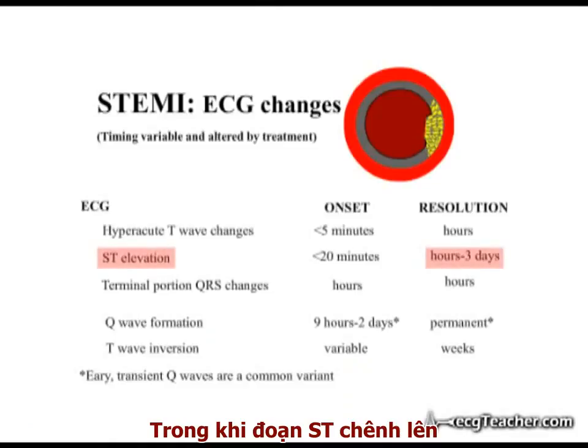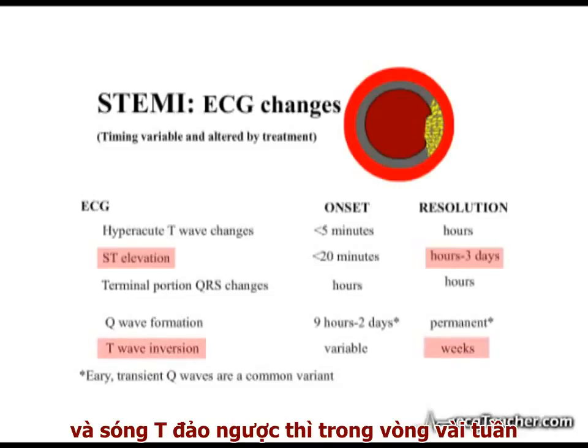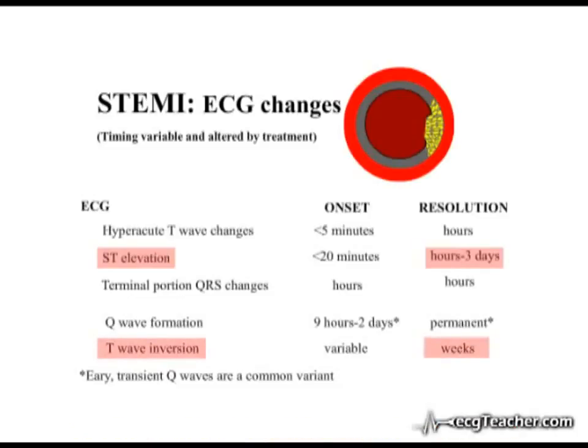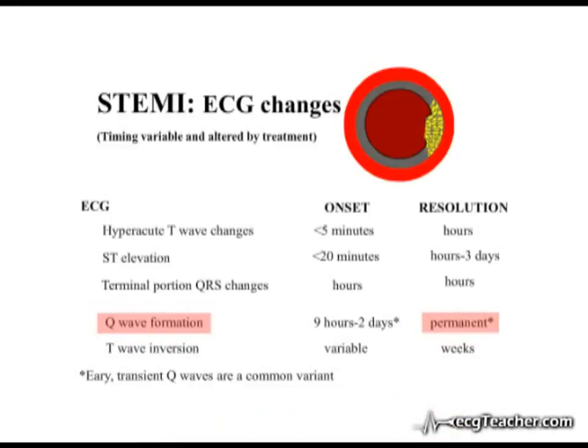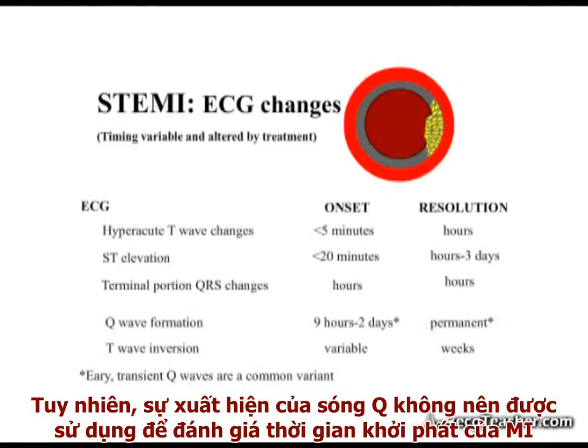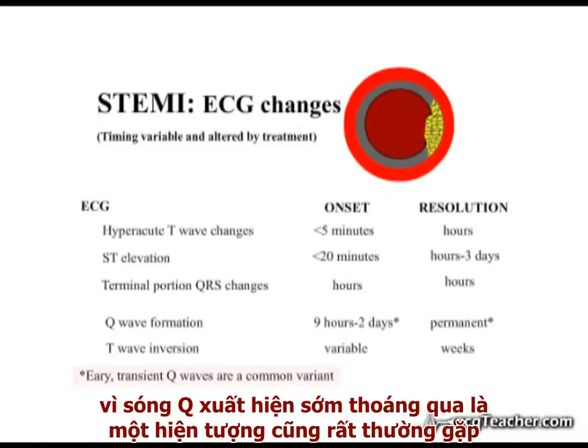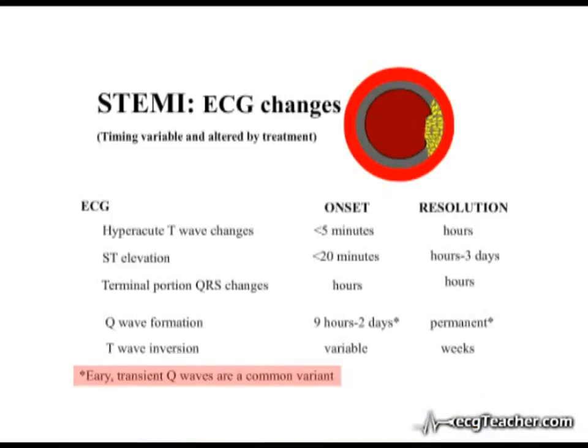While ST segment elevation generally resolves within days and T-wave inversion within weeks following the infarction, late pathological Q waves are a permanent marker of such an MI on the patient's subsequent ECGs. However, the presence of Q waves should not be used to time the onset of an MI, as early transient Q waves are a common variant.